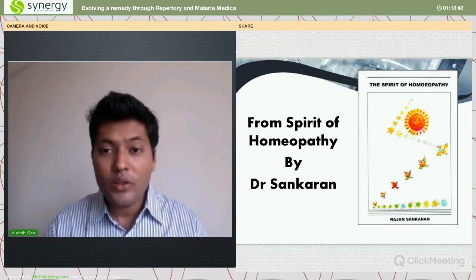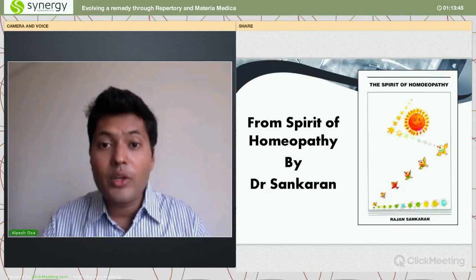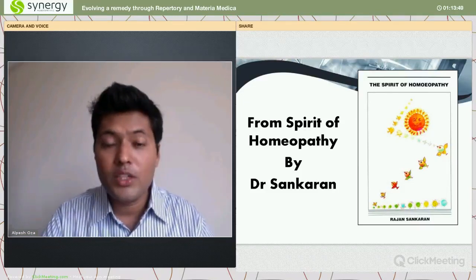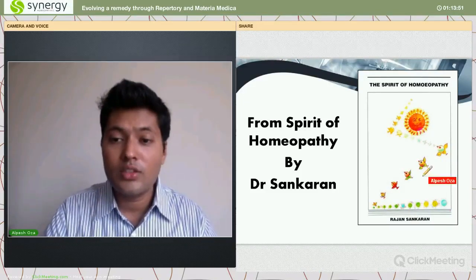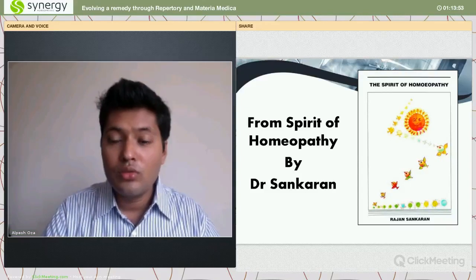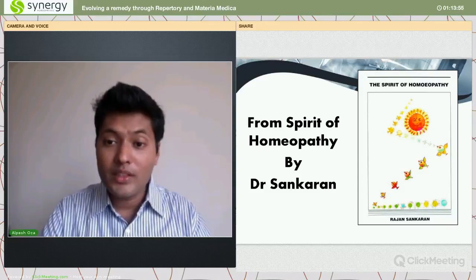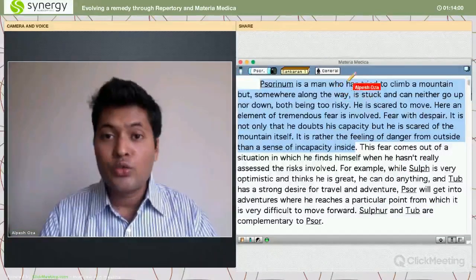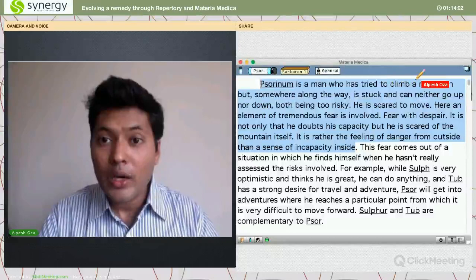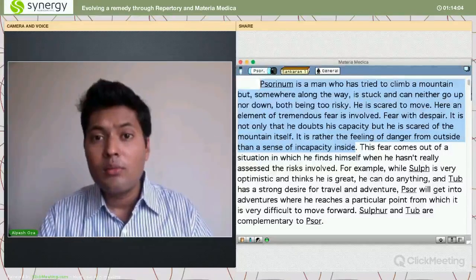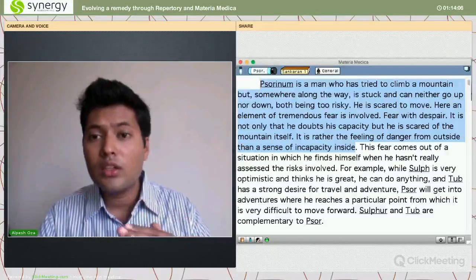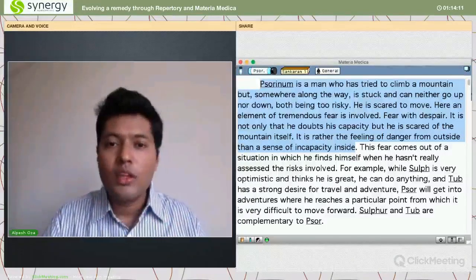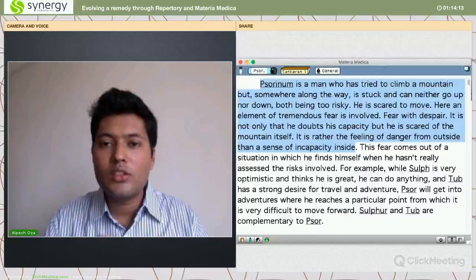Now let us try to understand it with the help of newer materia medicas. For example, we'll take The Spirit of Homeopathy by Dr. Rajan Sankaran, my guru. He has very well explained the main idea of Psorinum. Psorinum is a man who has tried to climb a mountain, but somewhere along the way he is stuck, and he can neither go up nor go down, and both ways he feels are too risky.